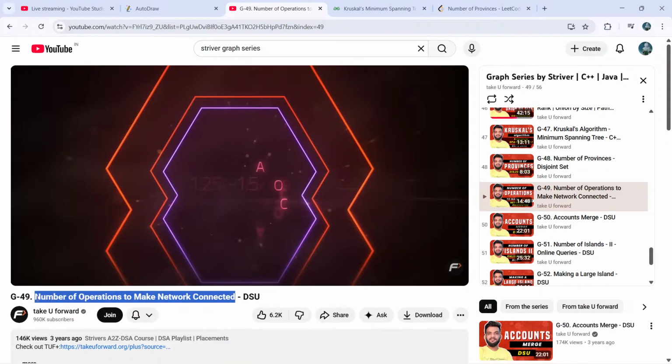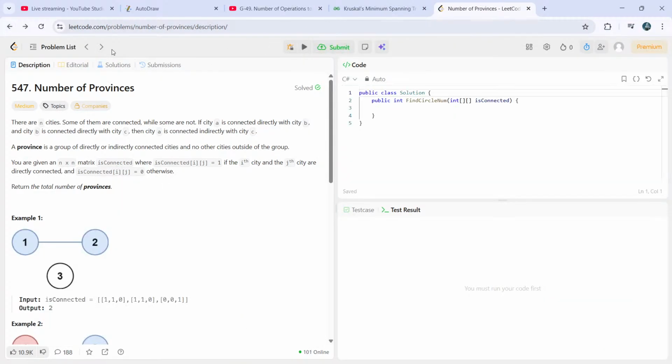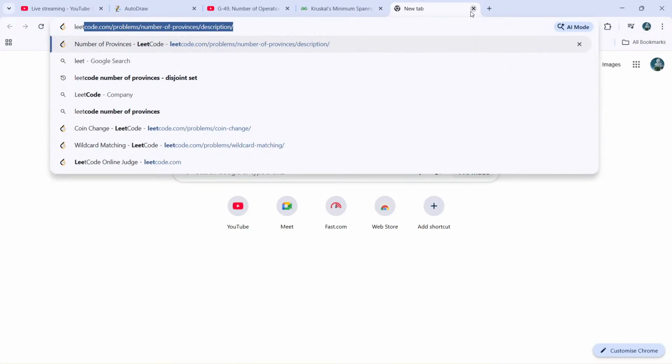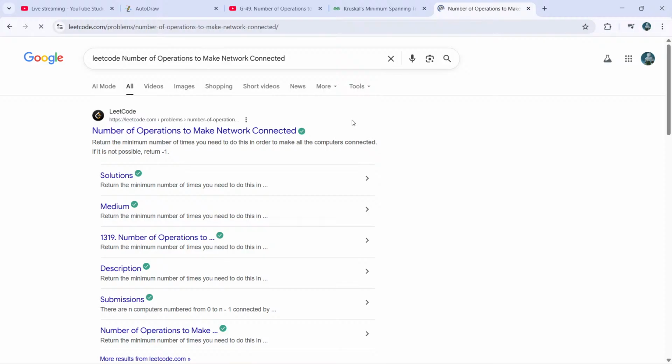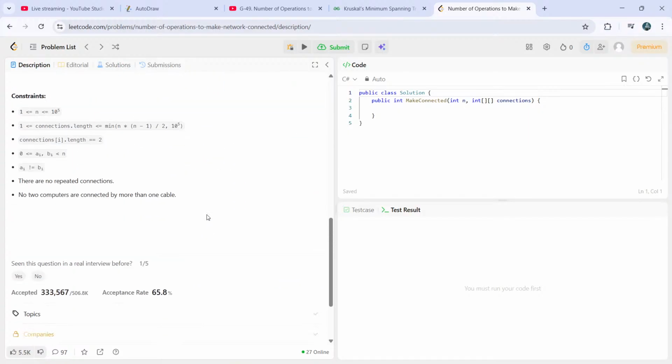Let's solve this problem. Maybe there is a unique problem we can solve. Go to the next. Okay, this is not solved, so we can solve this problem.